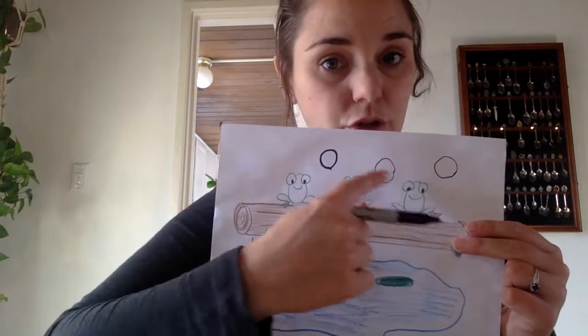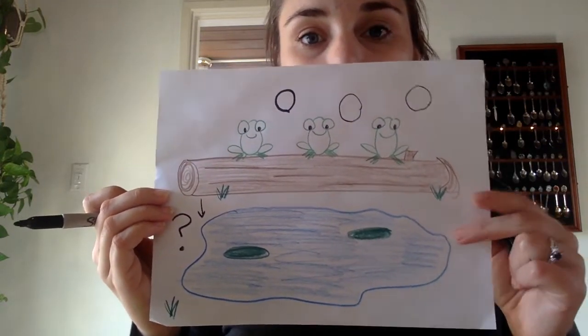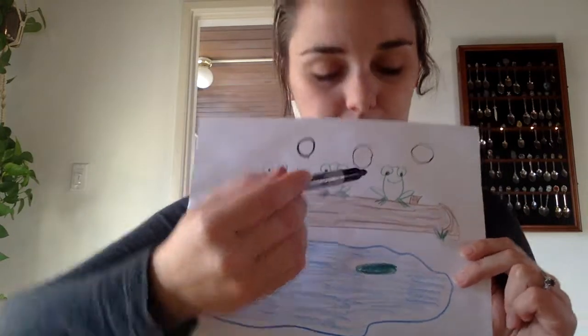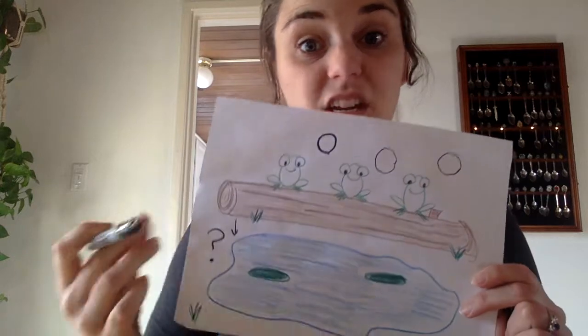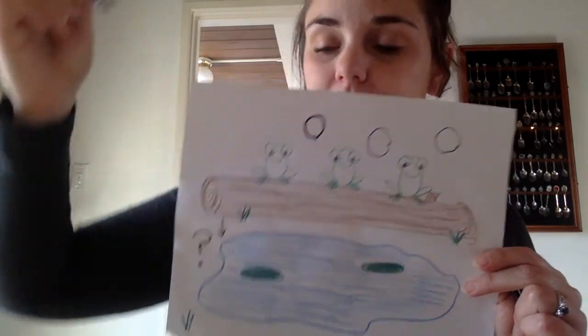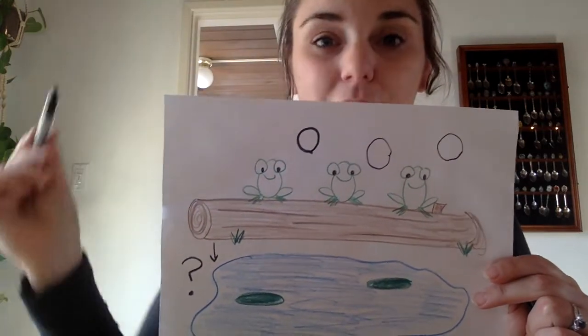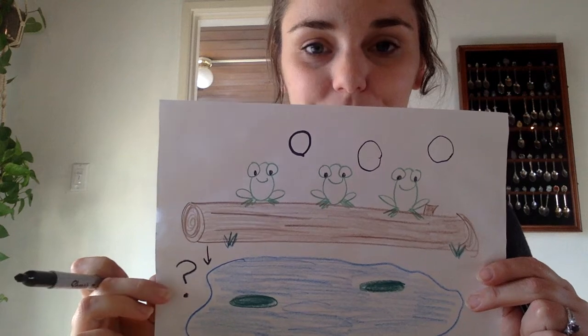So if I imagine these circles are the frogs that jumped in, I can think, now there is 6. 1, 2, 3, 4, 5, 6. But these guys must have jumped in because they're not there anymore. So how many jumped in? 1, 2, 3. 3 jumped in. These guys hopped in the pond to go swimming.